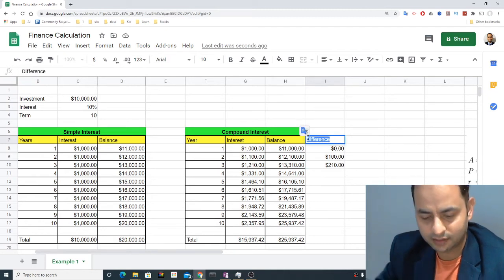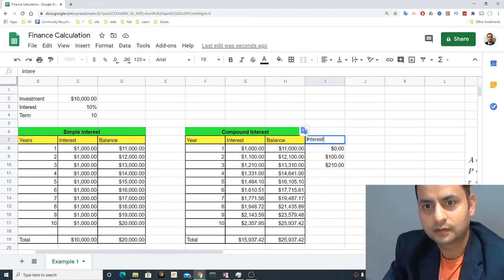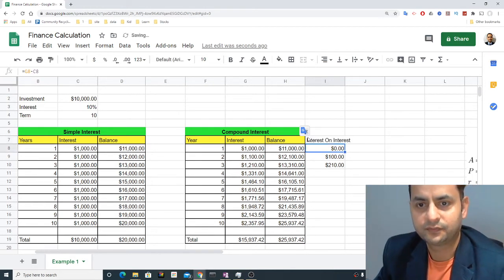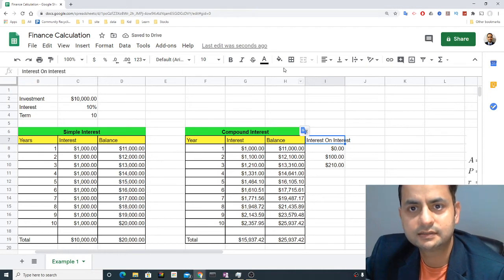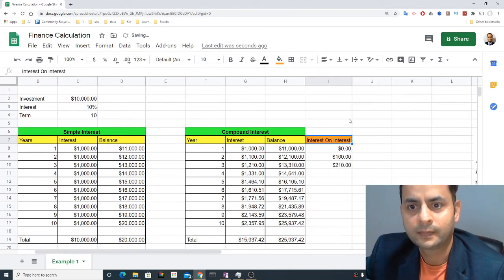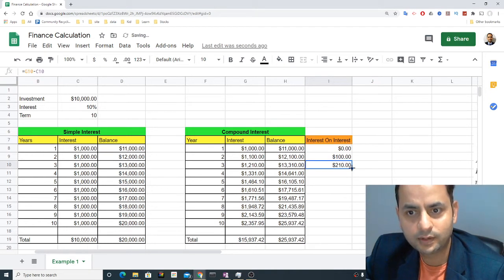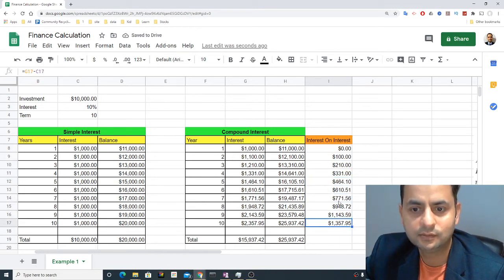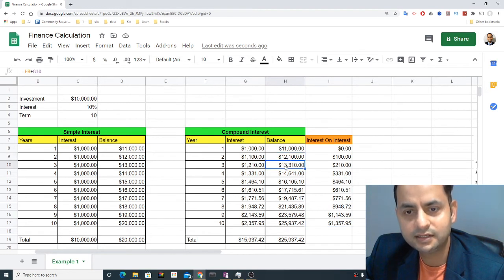If I put the correct word now, interest on interest, right? So that's the power of compounding. In the same way, if we go down and down, every year we get more and more, because the money we receive every year earns interest, not only on the principal balance.